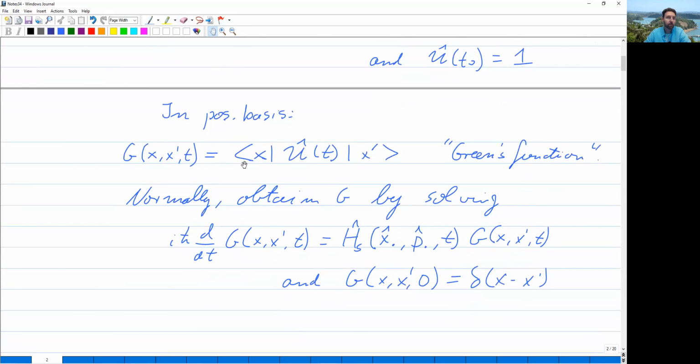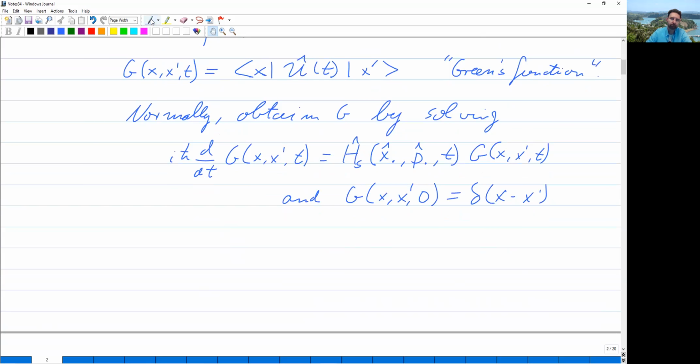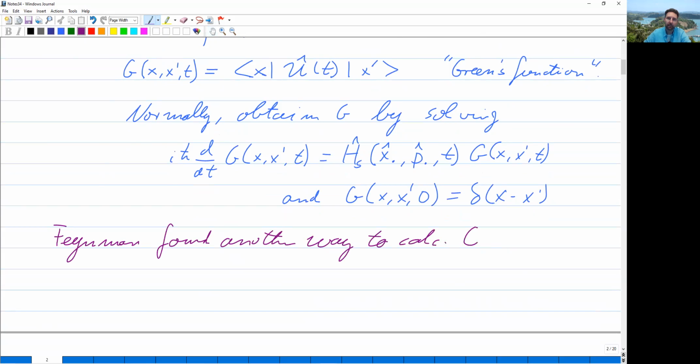So it looks pretty conventional. Why then is the Feynman picture such a big deal? It is a big deal because Feynman found another way to calculate the Green's function, G of x, x prime, and t, and it doesn't involve solving any differential equations.